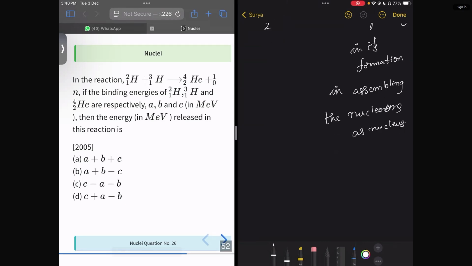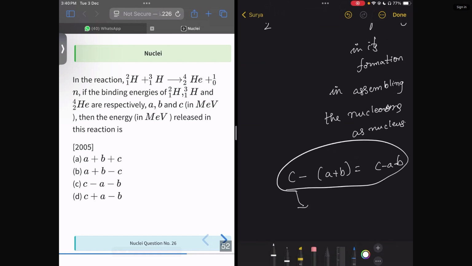So the energy released will be C minus (A plus B), so C minus A minus B. This is the energy released. So option C is the right answer.